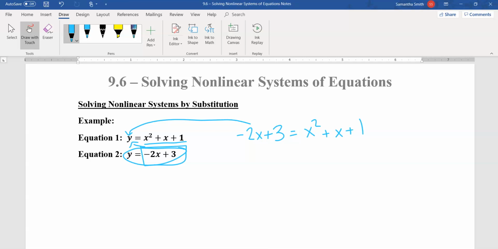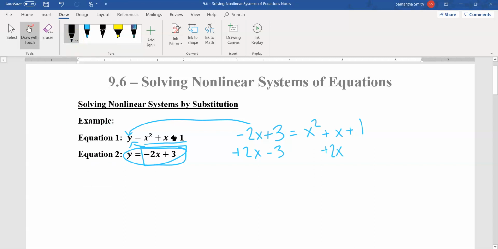Now I just substituted the y in, and now I am going to solve to get it into a trinomial. So I'm going to add 2x to both sides, and I am going to subtract 3 from both sides. I think I wrote this down wrong originally. I did, and I will fix this on your problem.